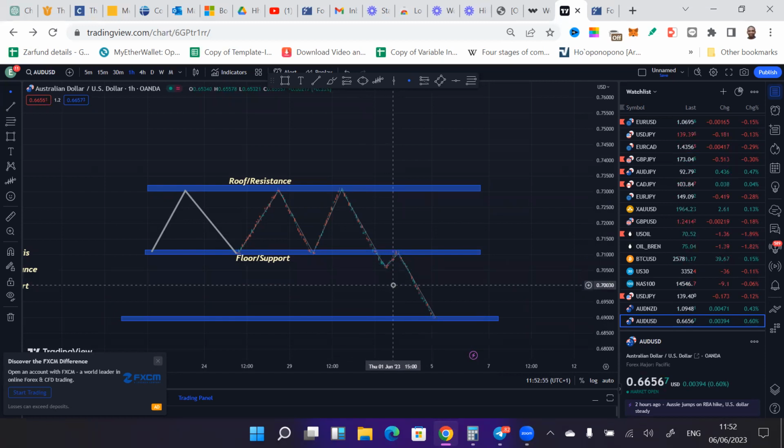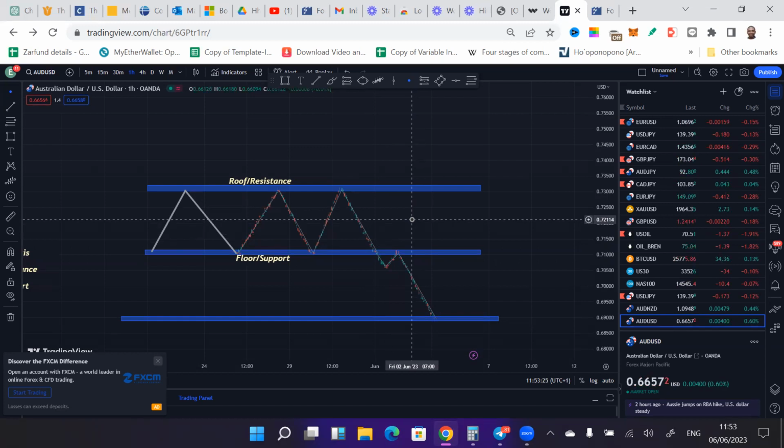It's more like when you break through something. Let's say you're able to push something into a bottle. You push it in, and then you're trying to come out, but because it expands, it cannot come out anymore. So think about it. You break through a roof, or in this case, a floor, but then price is trying to come back there again, but it cannot go back into that floor again.